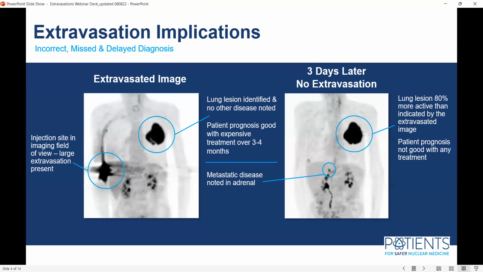So the physician determined the prognosis of this patient was good after 3 to 4 months of treatment. They picked up a lung lesion, but no other disease was noted. Luckily, this particular institution and this particular physician wanted to re-image this patient.